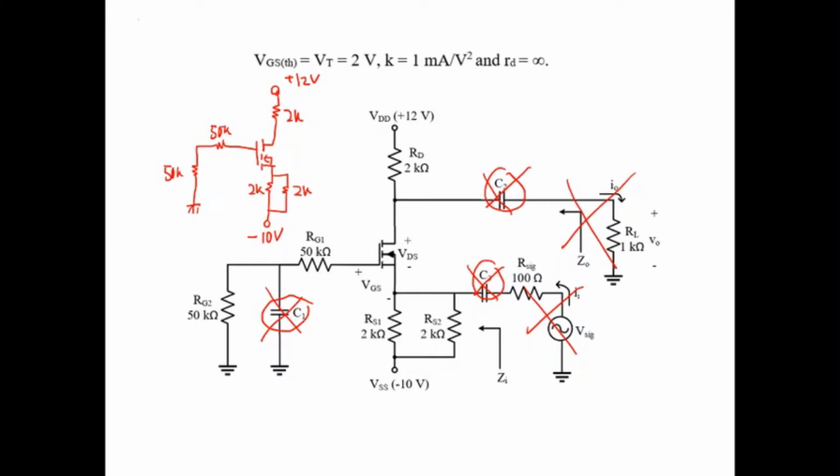If you see the 2 kilo here, this 2 kilo and 2 kilo are in parallel, so you can combine them and make one resistor. So 2K parallel with 2K parallel with 2K is actually equal to 1K. Okay, so let's redraw it again.